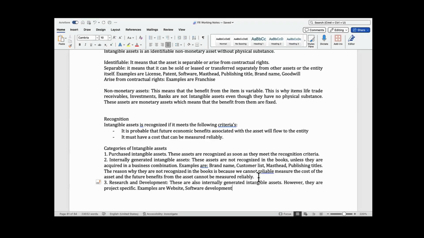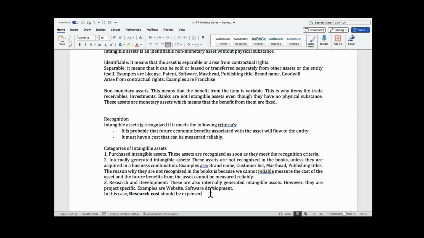In such a case, because they are project specific, we can distinguish the money we spend into research and development. Research costs should be expensed. So when you can distinguish project costs into research and development, all the research costs, you expense them.